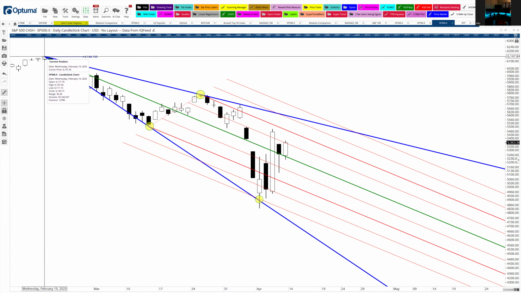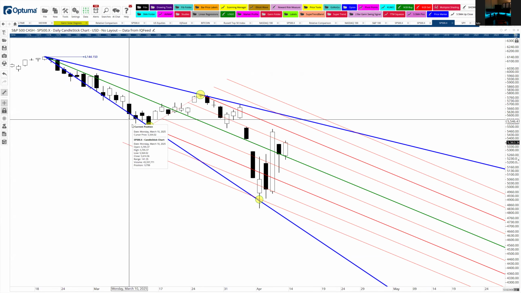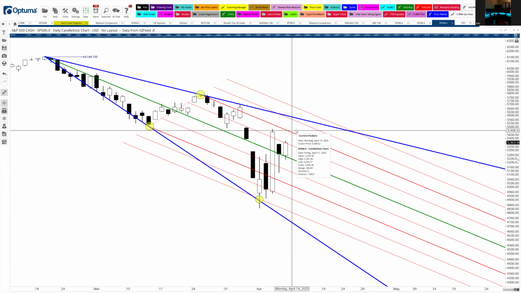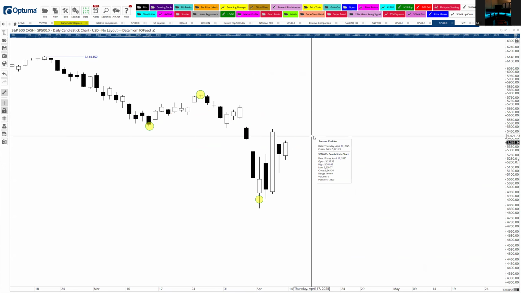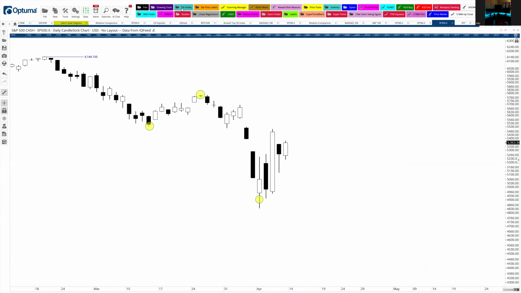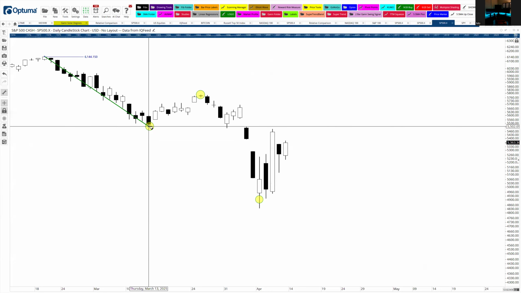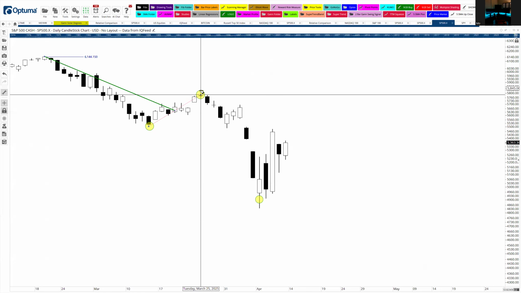And this is the low, and you draw your pitchfork. Let me show you this way. Right there. You take this low and connect this to this.